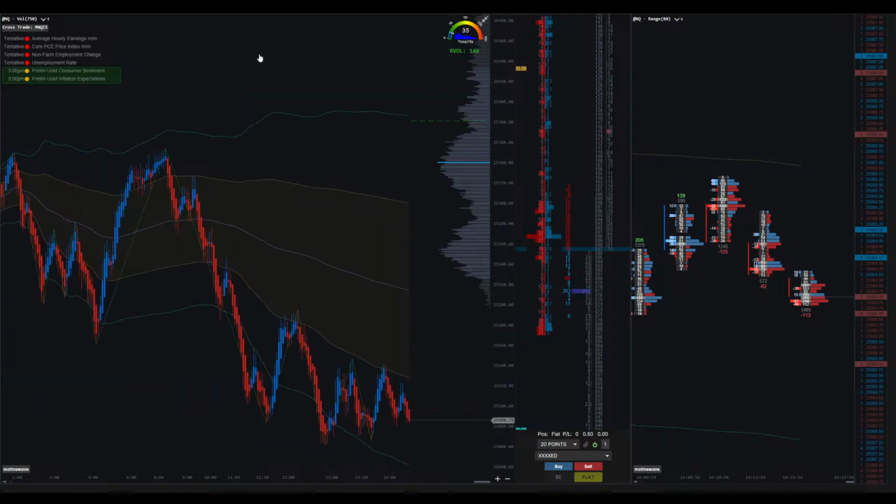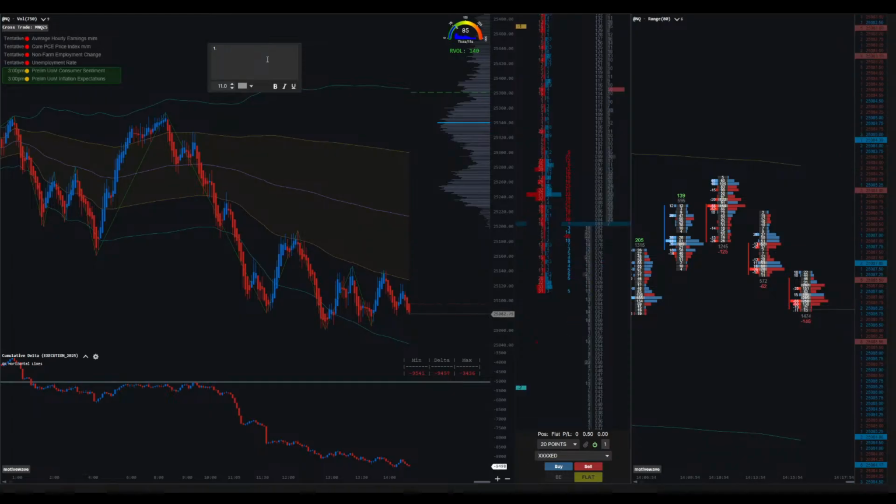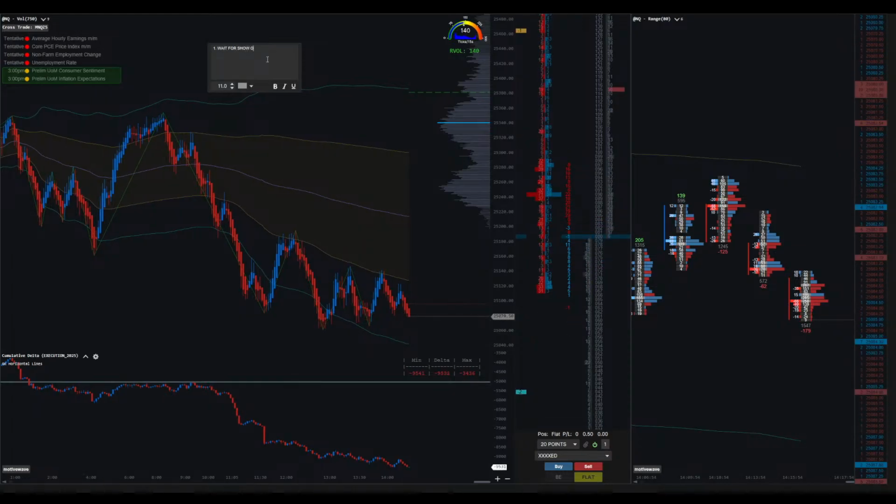Most important rules are: number 1, wait for show of hand. Do not try to pick top or bottom. Yesterday, I don't know, I just kept trying to long -2 and it just wasn't working out.